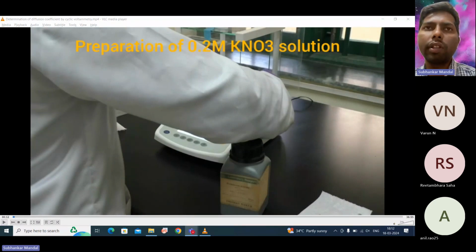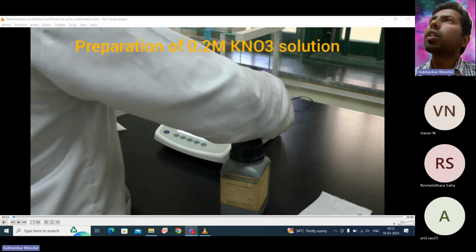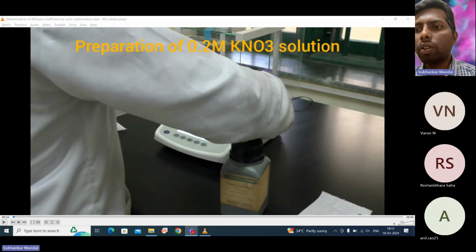From cyclic voltammetry you can get different redox potentials, where it is reducing and where it is oxidizing, and the number of electrons, whether this is a 2 electron process or a 1 electron process.